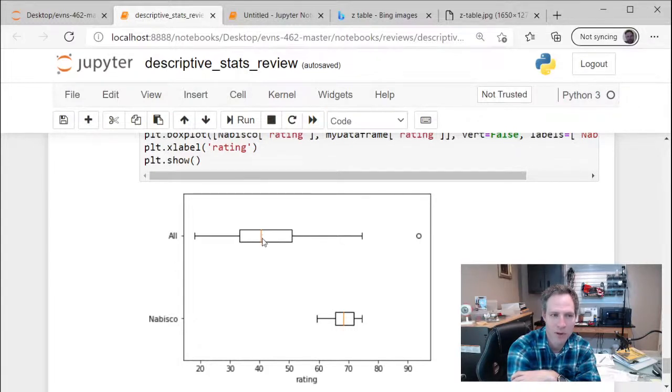And the orange bar in the middle is the second quartile, which means 50% of the cereals have ratings less than this value, around 40. Another name for the second quartile is the median. So the orange line represents the median. 50% of the data is to the left and 50% is to the right of that value. So first quartile, median, third quartile.